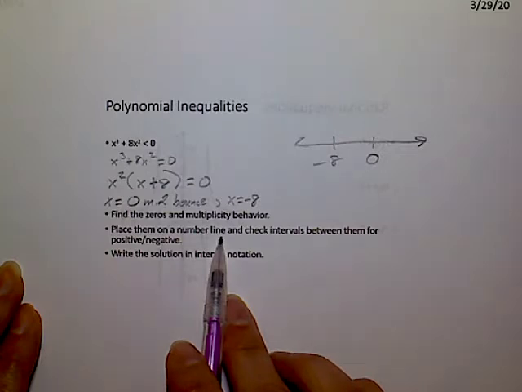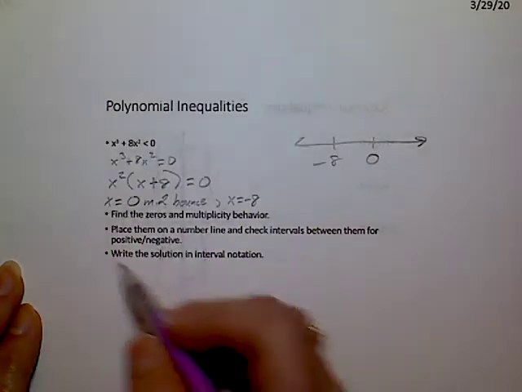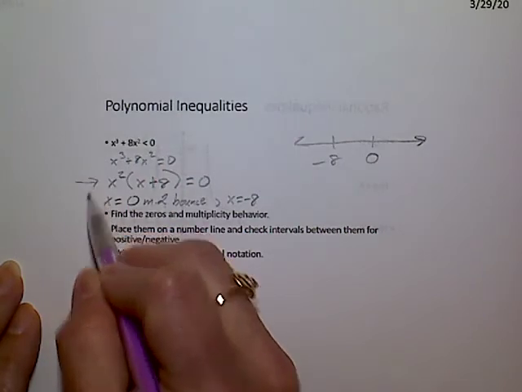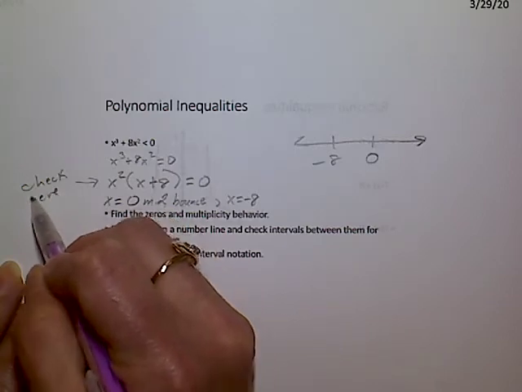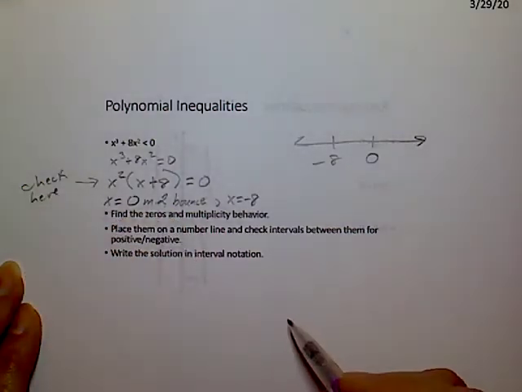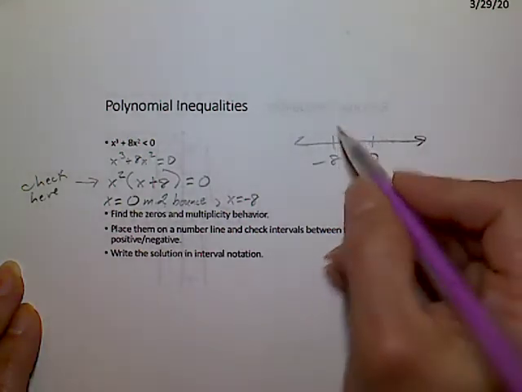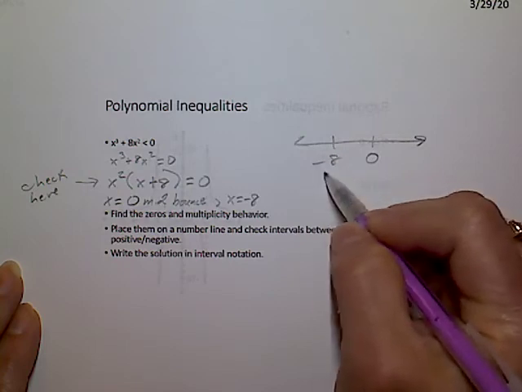Now what we're going to do is check our intervals for positives and negatives. I'm going to use the factored form to check for positives and negatives. And why? Because I can do it with mental math. I swear it. You can do this mental math. Watch. I'm going to pick a number over here less than negative 8.